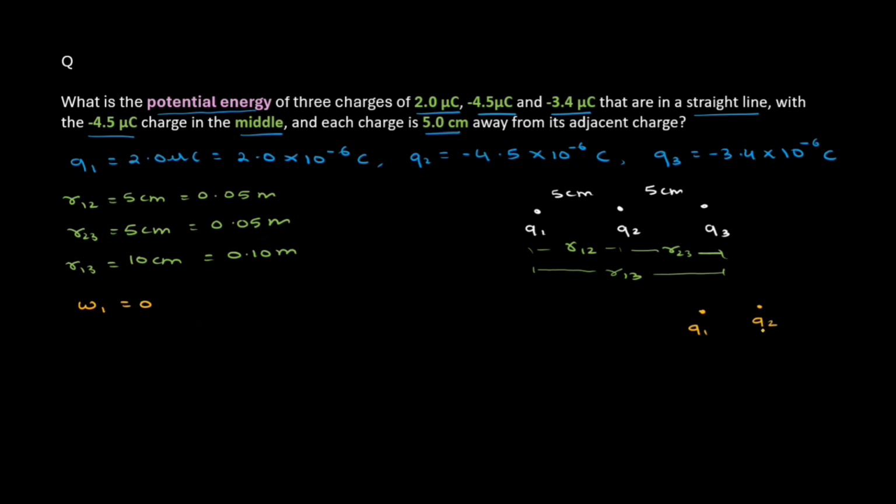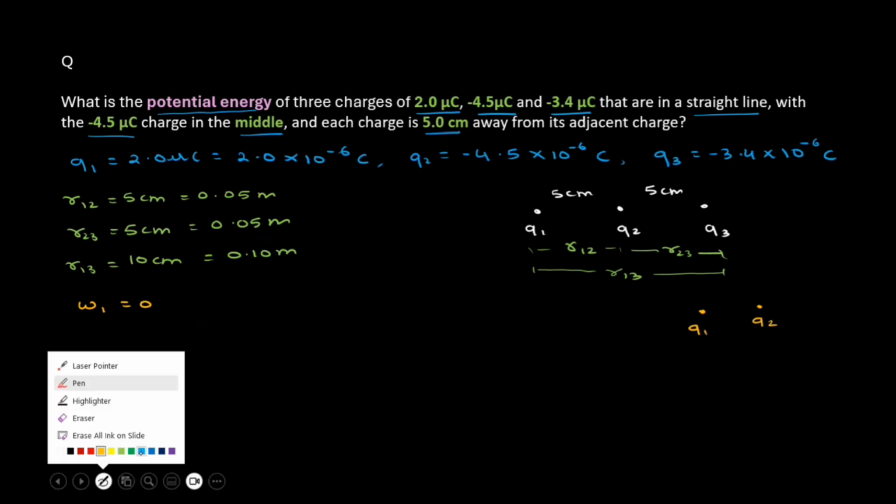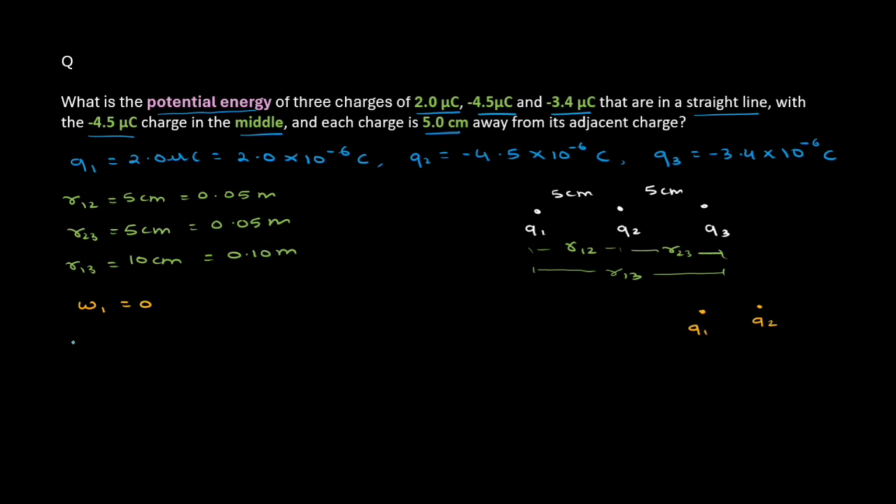Then we bring charge Q2. While we bring Q2 to its position, there is charge Q1 already present, and Q2 will interact with Q1. And because of their interaction, we have to do work against Q1 to place Q2 in its position. So work done in bringing charge Q2 can be written as W2, which will be equal to k Q1 Q2 over r12.